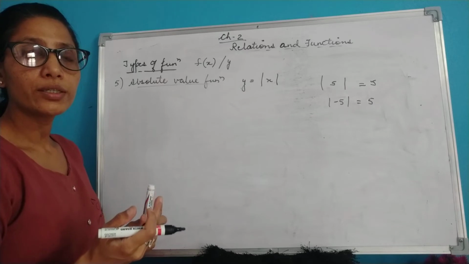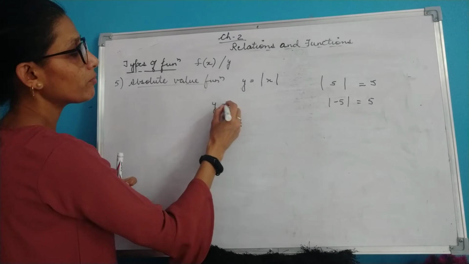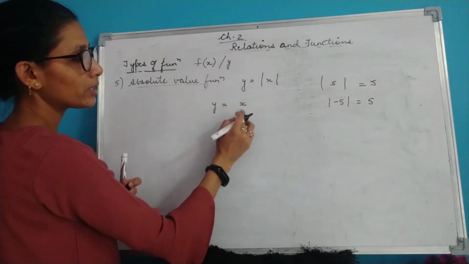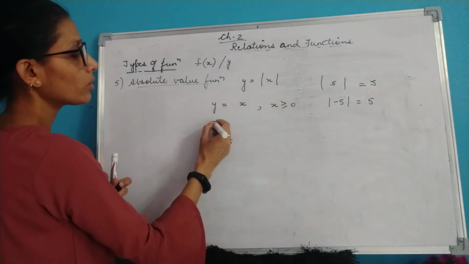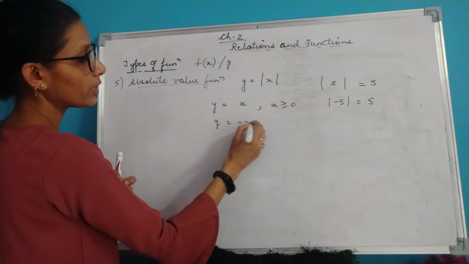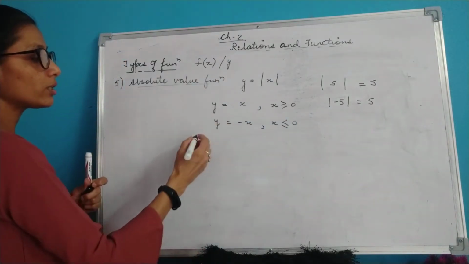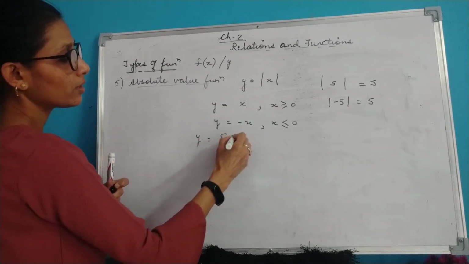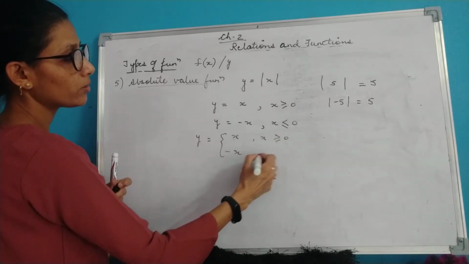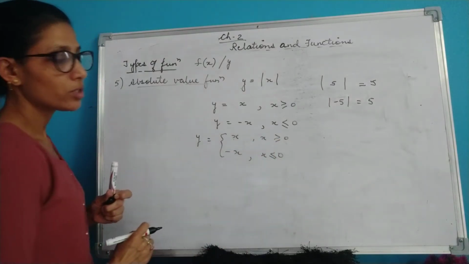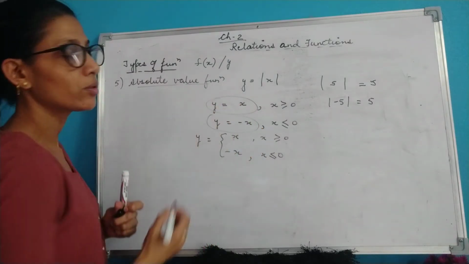One for x greater than or equal to 0 and another for x less than 0. That means y will take the value positive x when x is greater or equal to 0, and y takes the value negative x if x is less than 0. So here the function is defined in two ways. For x greater than or equal to 0 it is positive, and for x less than 0 it is negative. So here I have got two functions, y equal to x and y equal to minus x.